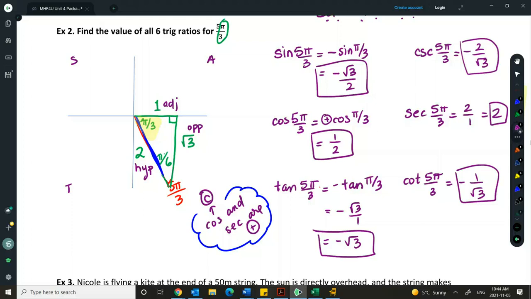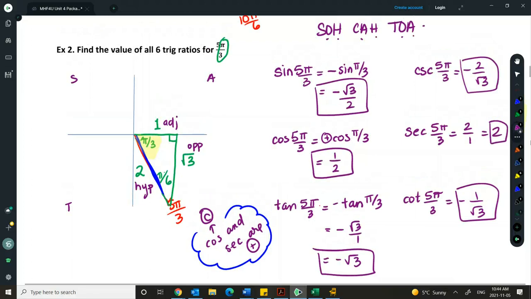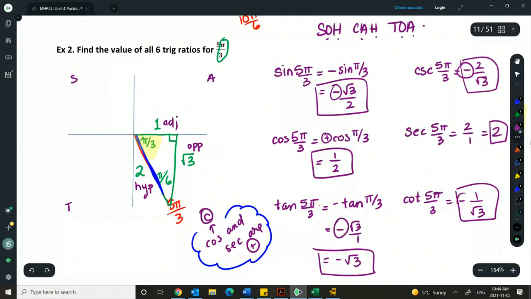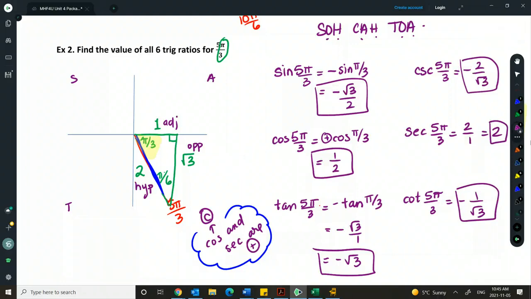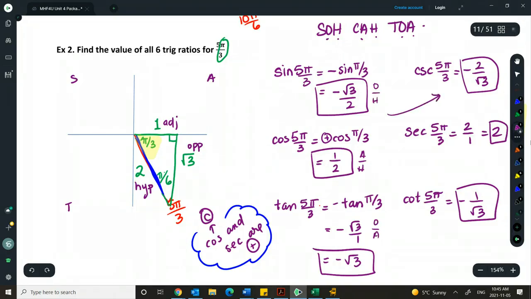The rest of the ratios are negative. So sine and cosecant, I wrote those as negatives, and tangent and cotangent, I wrote those as negatives. Cosine and secant, I wrote those as positives. And then we're just doing opposite over hypotenuse, adjacent over hypotenuse, opposite over adjacent. And then we're flipping them for the reciprocal ratios.